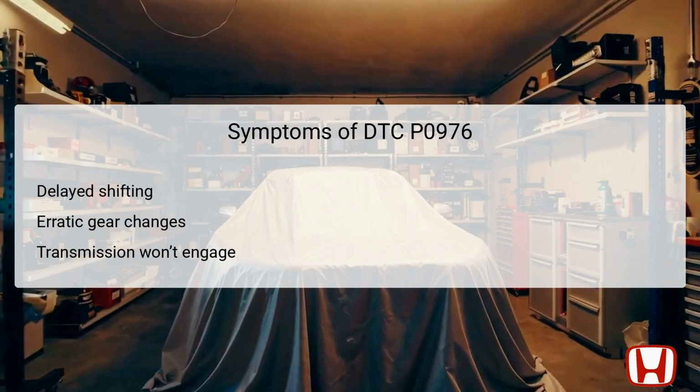Additionally, there might be instances where the transmission does not engage at all, preventing the vehicle from moving. Awareness of these symptoms is vital for drivers and technicians alike, as they provide critical clues about the health of the transmission system. Understanding these warning signs can facilitate timely and effective repairs, thereby maintaining vehicle operation.